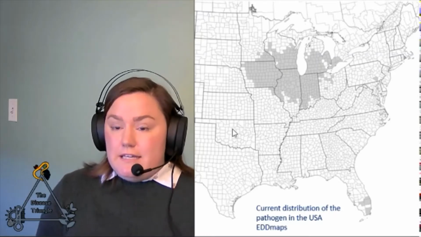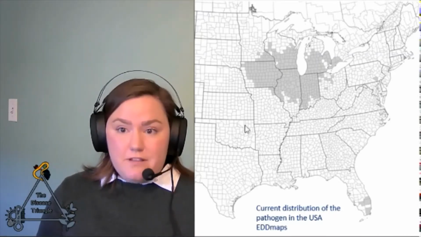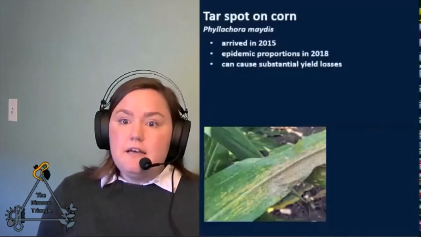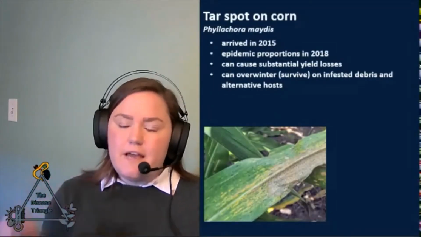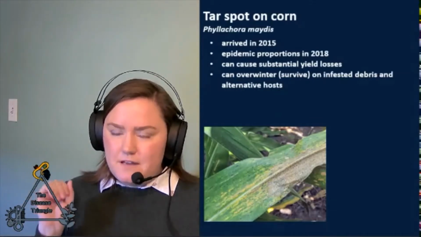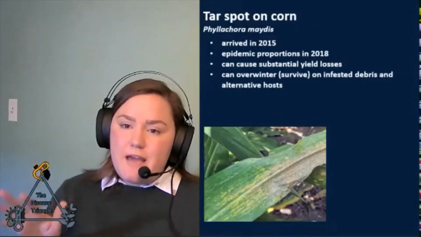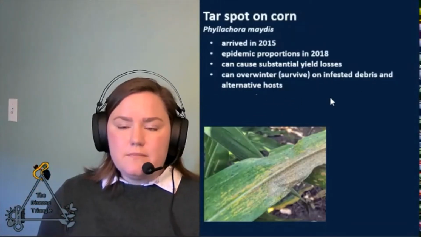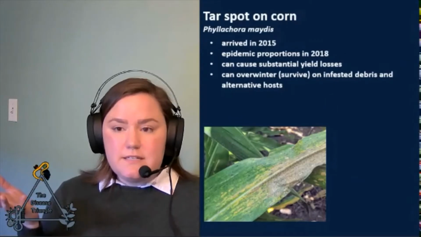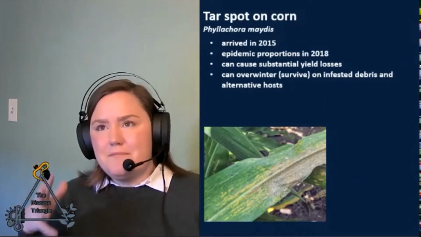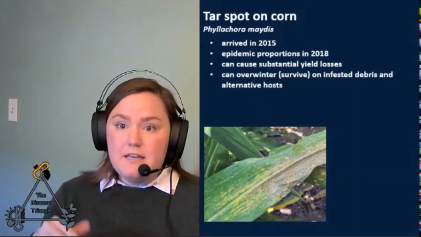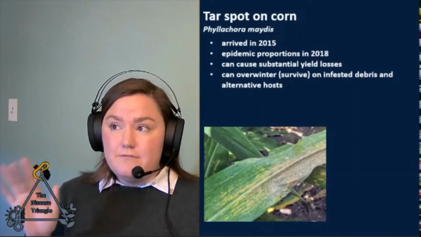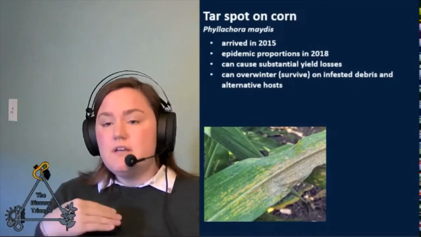So it is still relatively new, but it's here, and it's likely here to stay, given the biology of this disease. This pathogen is able to overwinter on corn debris, and that's kind of what makes us think that it's here to stay, and it also can infect some alternative grass hosts.